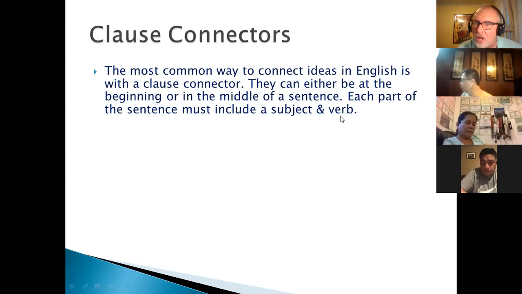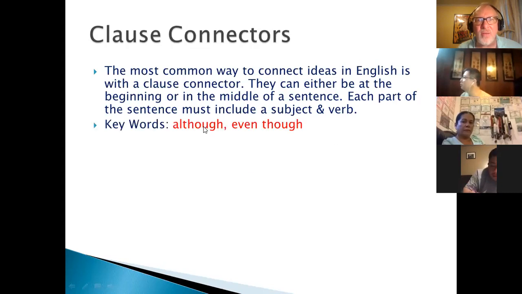That's why it's called a clause. Remember, a subject and a verb is called a clause in English. So, the key words here: although, even though. Those are our clause connectors. Whenever I have although, I want a subject and a verb. Even though, subject and verb.